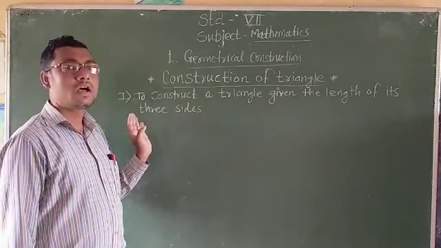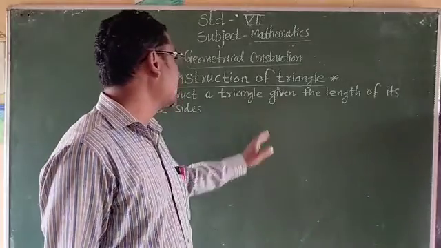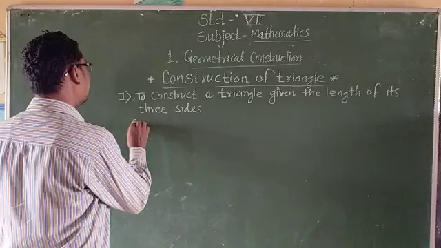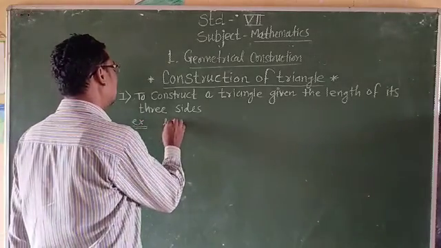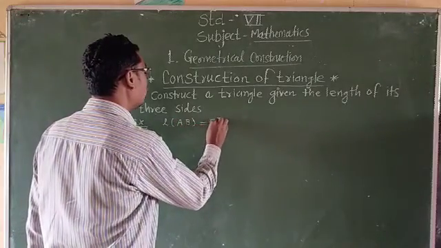So first, to construct a triangle given the length of its three sides. So let us take one example. Length of AB equal to 5 centimeter.